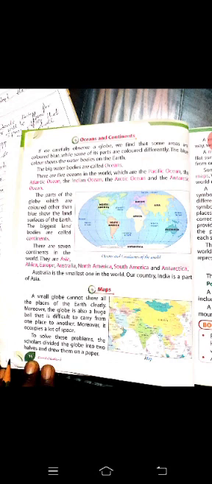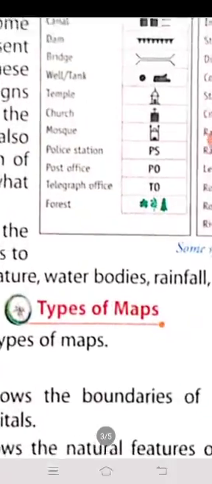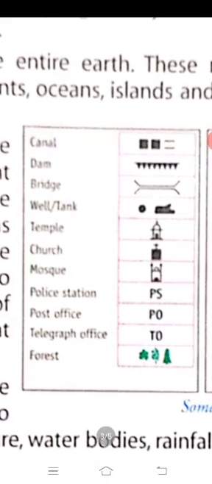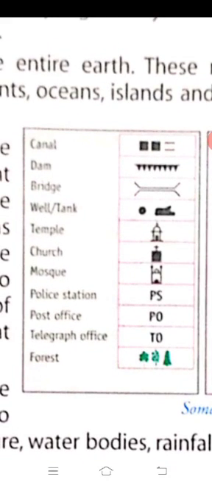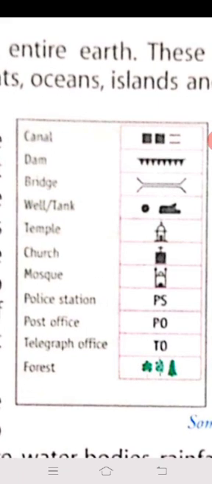A map uses some symbols also, dear students. Now if you see the symbols, I'll zoom in. Here you can see the symbols: canal, and on the right-hand side dam, bridge, well, tank, temple, church, mosque, police station, PS, post office, PO, telephone office, TO, and forest, like this.